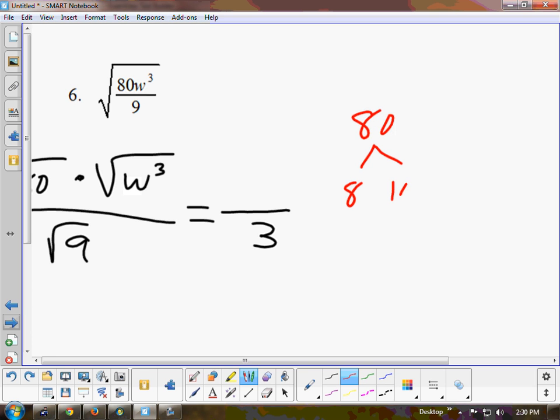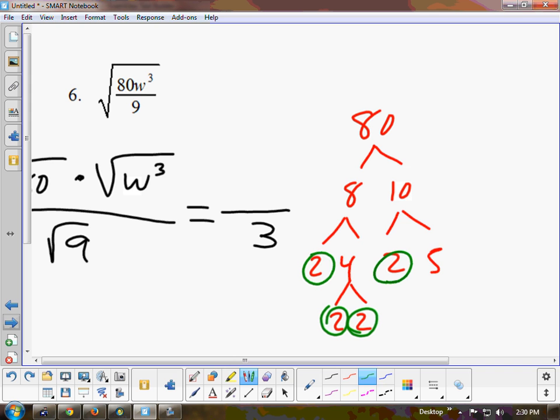Well, 8 and 10, 2 and 5, 2 and 4, 2 and 2. If I go through and circle all my primes here, there's 2 2's and 2 2's there, so that's 2 2's on the outside.